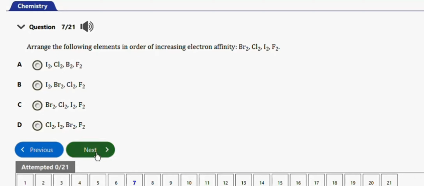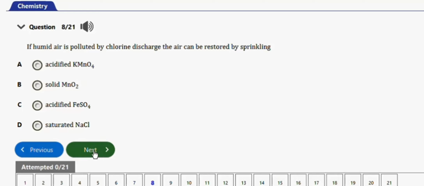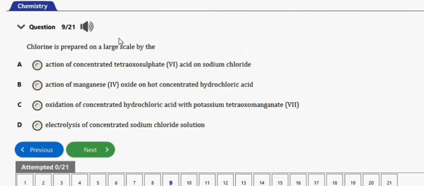Next repeated question will be this one. It says, if humid air is polluted by chlorine discharge, the air can be restored by sprinkling acidified potassium manganate(VII). So that's it. The right option is option A. Okay, the next question will be this one. It says, chlorine is prepared on a large scale by action of concentrated tetraoxosulfate(VI) acid on sodium chloride.